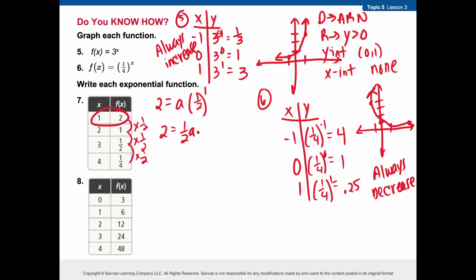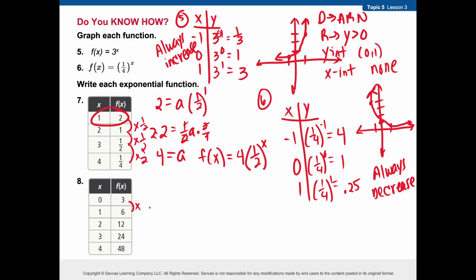To get rid of a fraction that's being multiplied, multiply by its reciprocal. So 2 times 2, a equals 4. So f of x equals 4 times 1/2 to the x power.